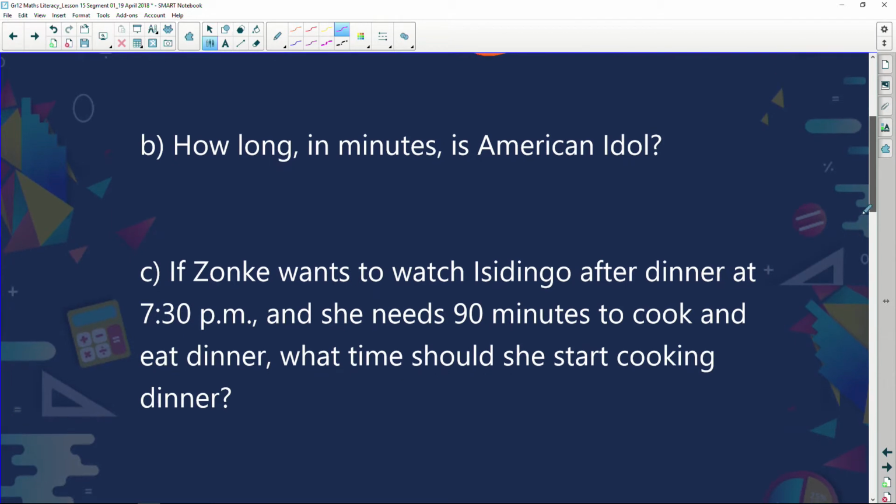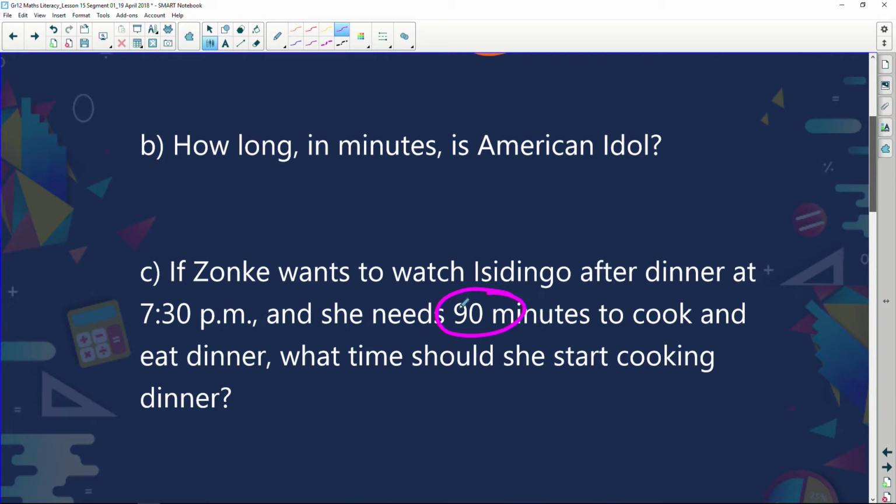If Zonke wants to watch Isidingo after dinner at 7:30 p.m. and she needs 90 minutes to cook and eat dinner, what time should she start cooking dinner? All right, so she wants to watch Isidingo, but she wants to have supper first. And for supper, she needs 90 minutes to cook and to eat her dinner.